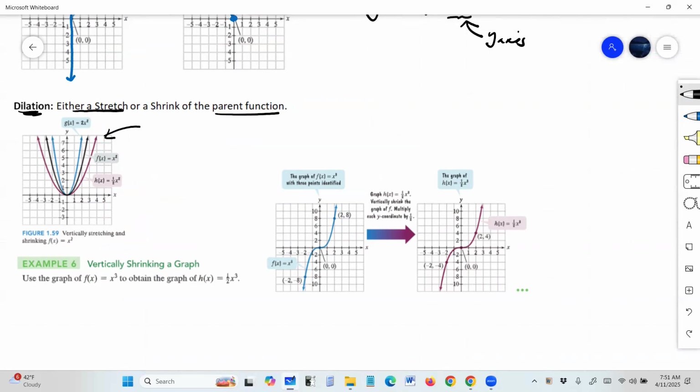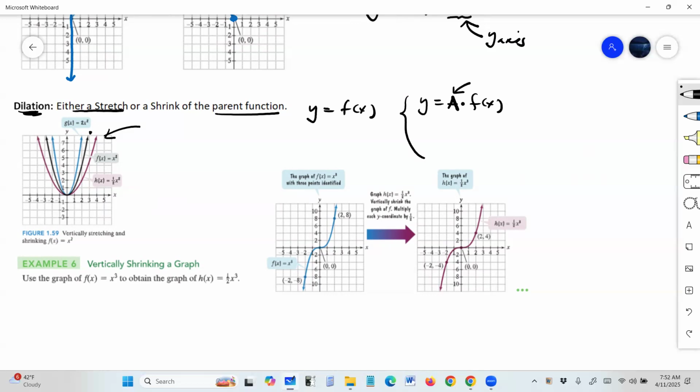Take a look again at the quadratic. Our basic function is the black one. A dilation would be, if my function is f of x, if I have a factor multiplying the f of x, this is called a dilation.